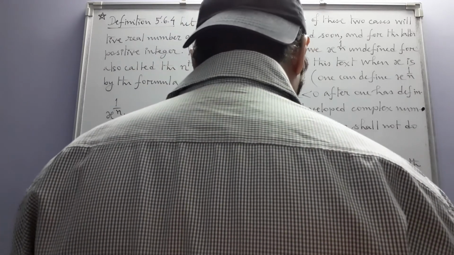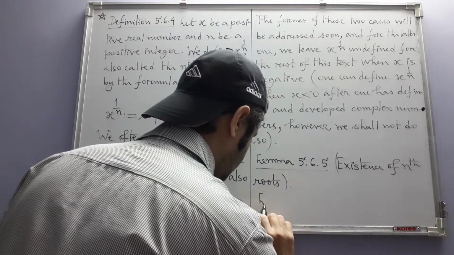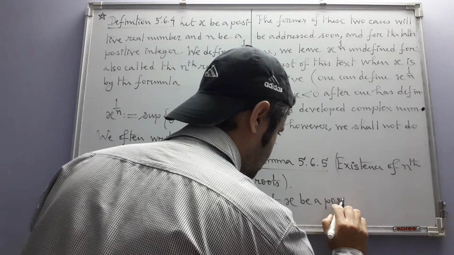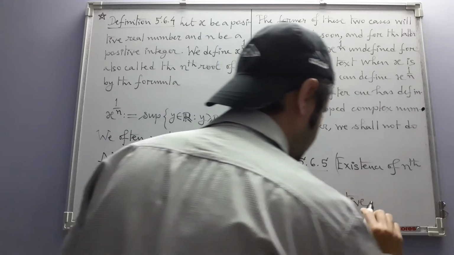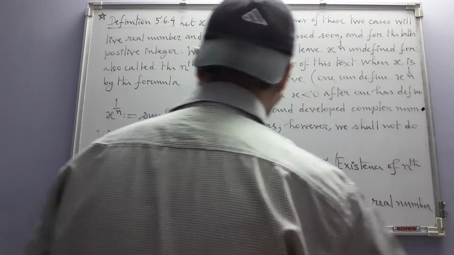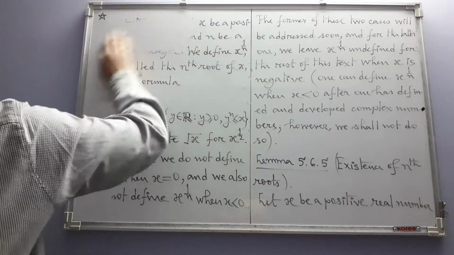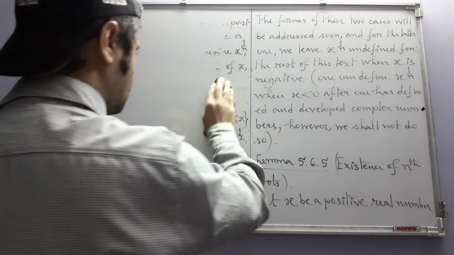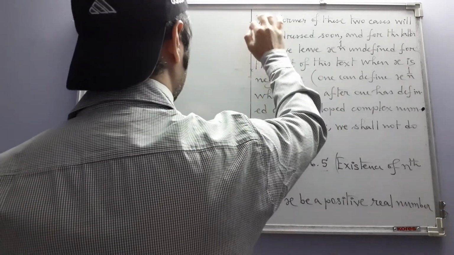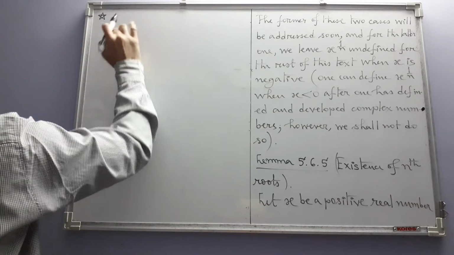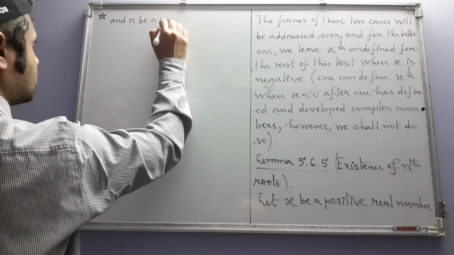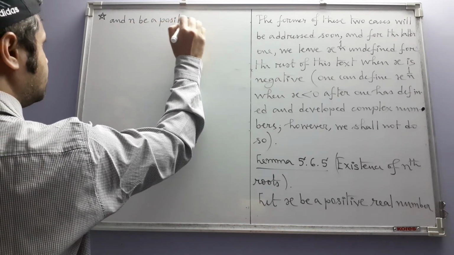The lemma is simply this: let x be a positive real number and n be a positive integer.